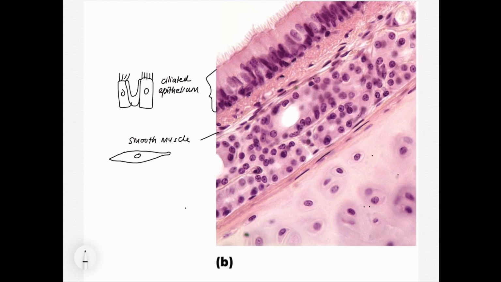And the layer below, it looks like the cells have some lumen, which is some glandular structure known as mucus gland. So take note, we have two different types of structure that are responsible for producing mucus. One will be the goblet cell and the other one will be the mucus gland.